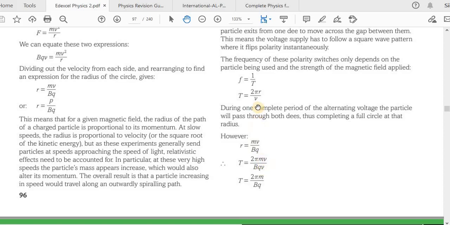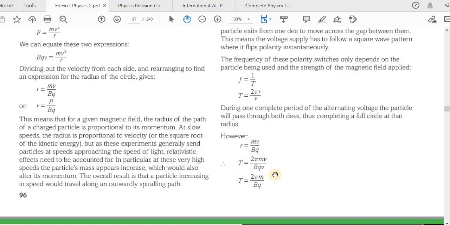Now what are we doing here? We are substituting for r. See, r is equal to TV over 2 pi. We make r the subject, then r will be TV over 2 pi.